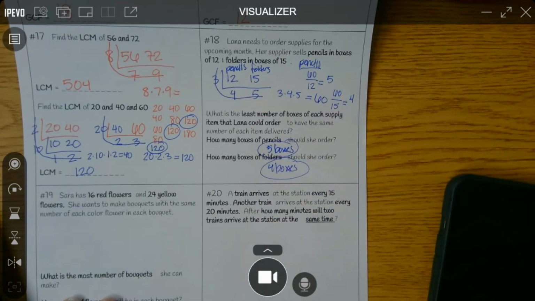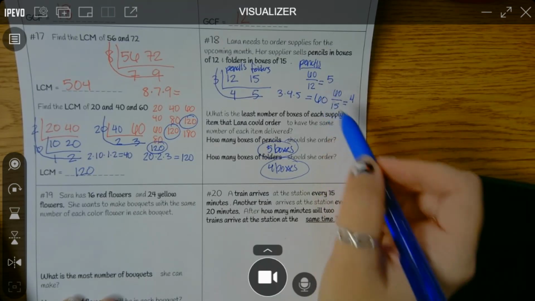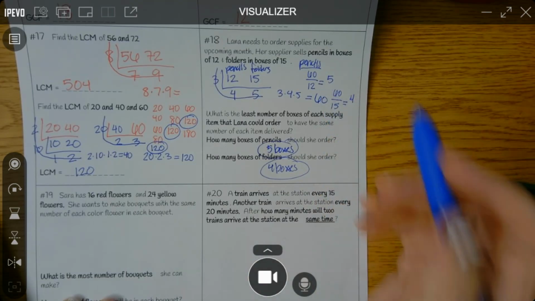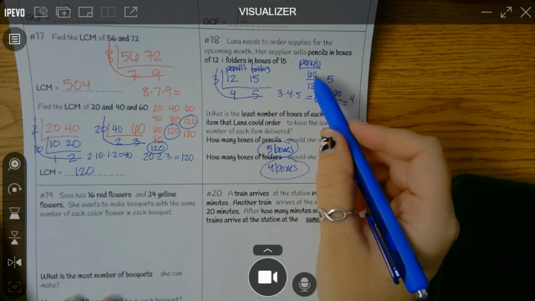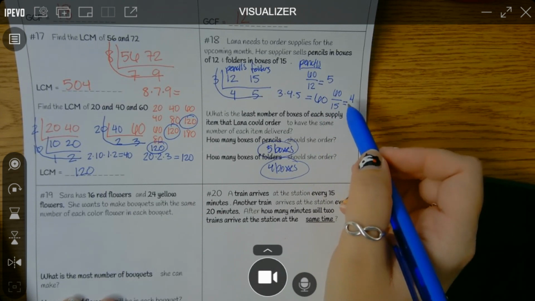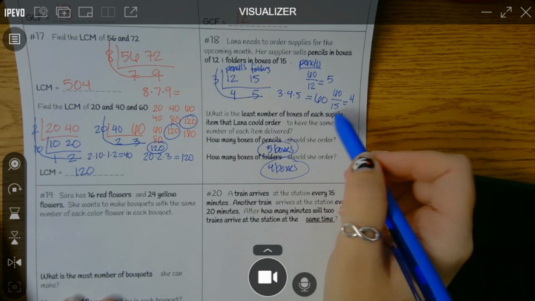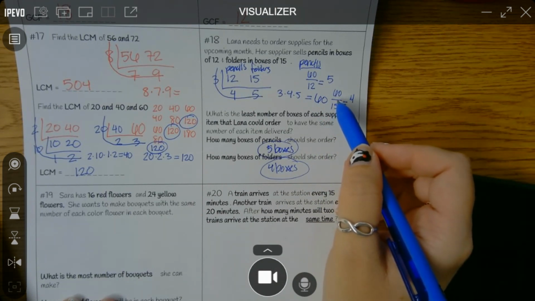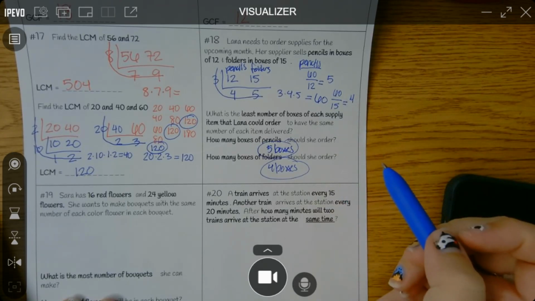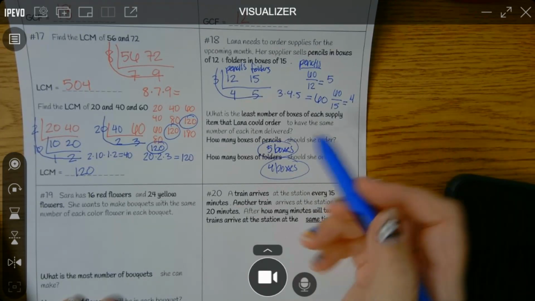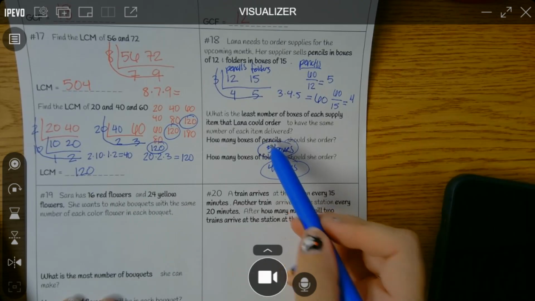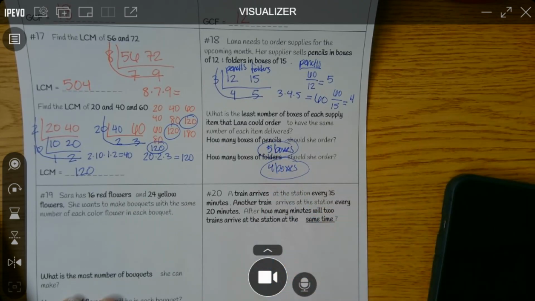It just happens. But I mean, I would do it this way, like just in case. So again, if you did 5 times 12, you get 60 pencils. If you do 4 boxes with 15 each, 4 times 15 is 60 folders. So now you have the same amount of each item. You have 60 pencils and 60 folders, as long as I order 5 boxes of the pencils and 4 boxes of the folders.